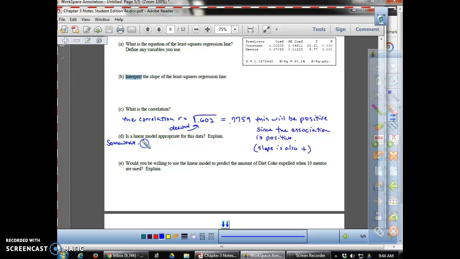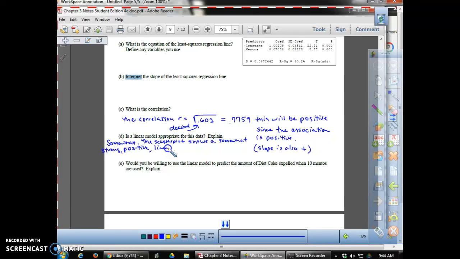The scatter plot shows a somewhat strong, positive, linear relationship.